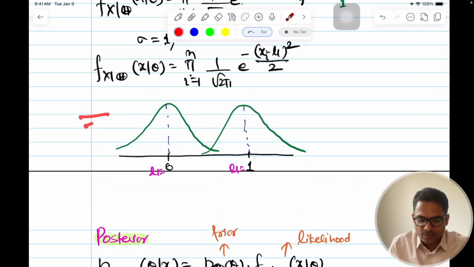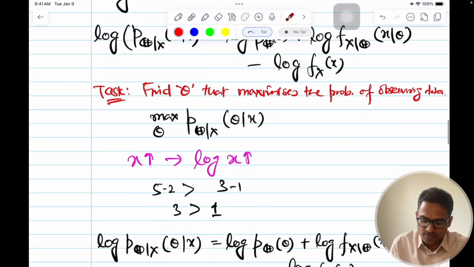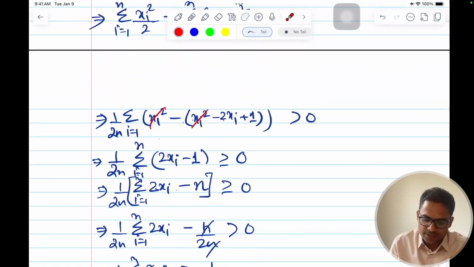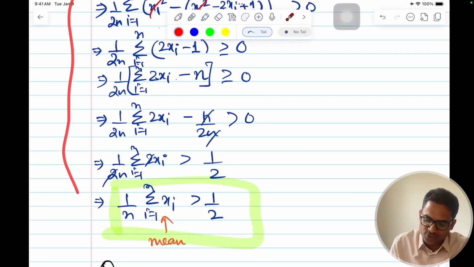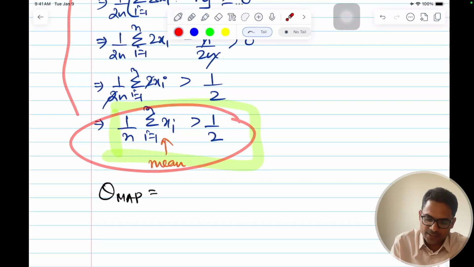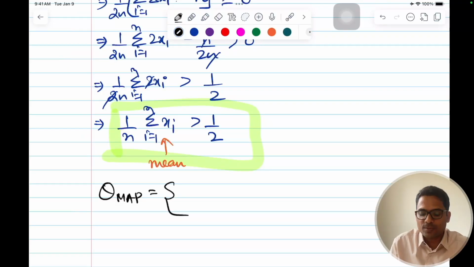So if the summation of all the values is greater than 0, it means 1, and if it is equal to or less than 0, then this will be 0. So what will be my theta MAP equal to? Finally we came to the conclusion that the mean should be greater than half. And if we write it mathematically in a condensed format, how do we write it?